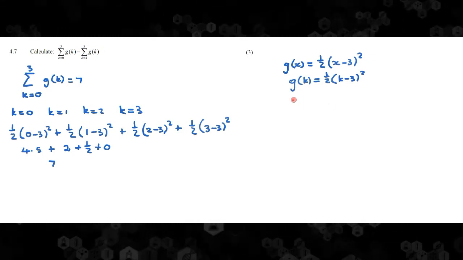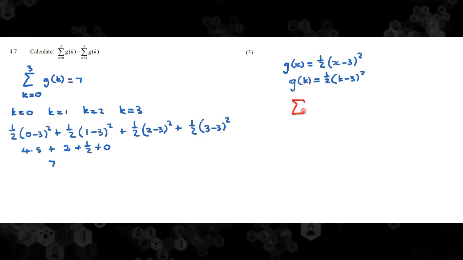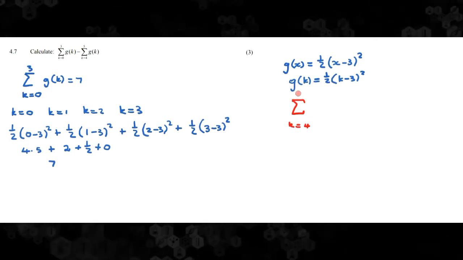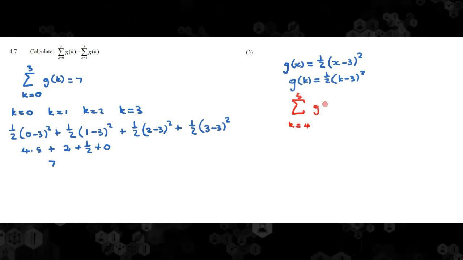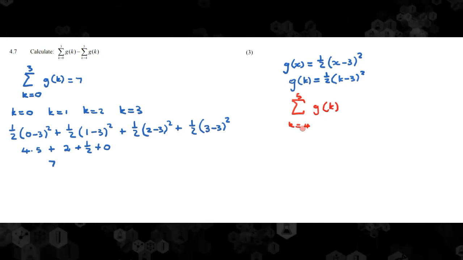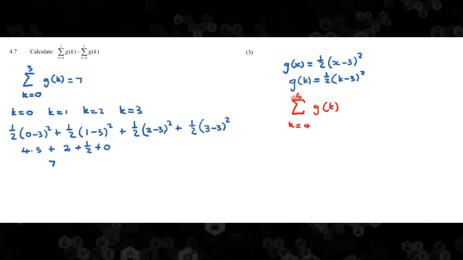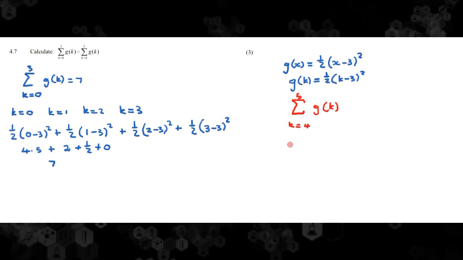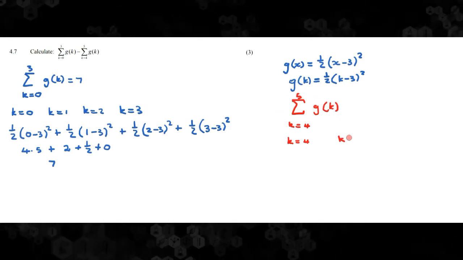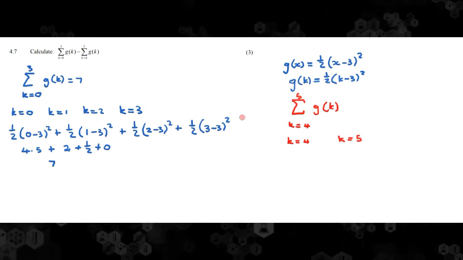Now we are looking for the sum from k equals 4 to 5 of g of k. This time we are starting from k equals 4 and we are going to end at k equals 5.